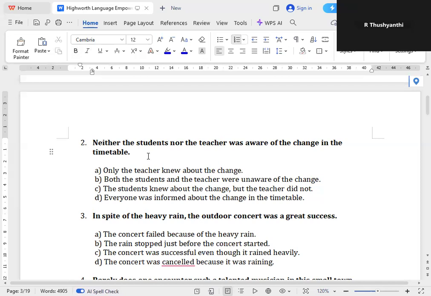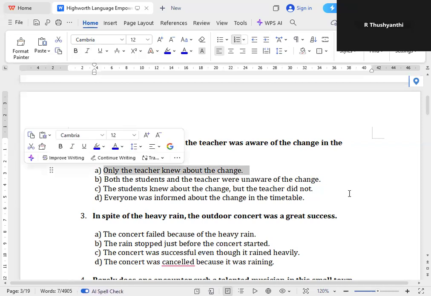They didn't know about the change. Let's see. One of the options from A to D would give the same meaning as the dark lettered sentence. So option A says, only the teacher knew about the change.